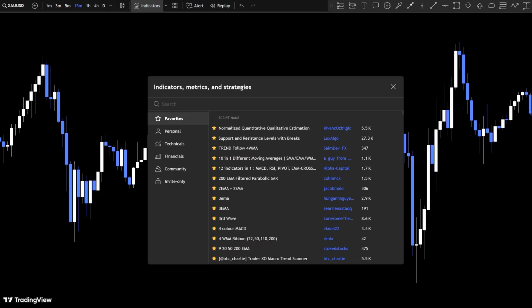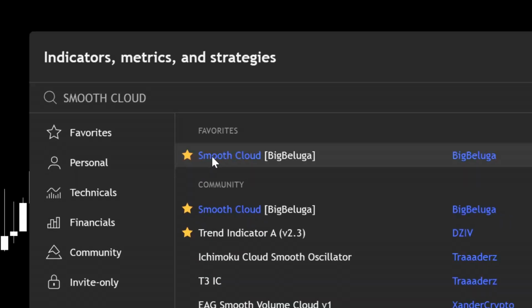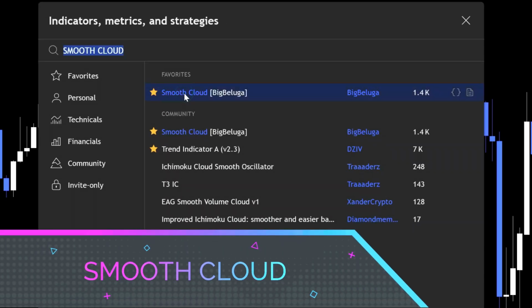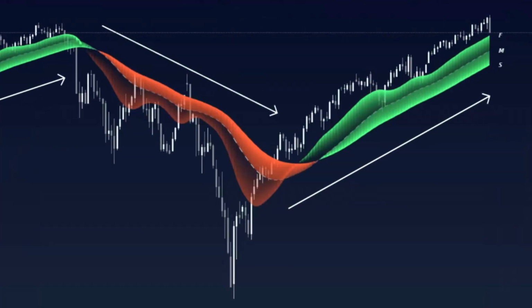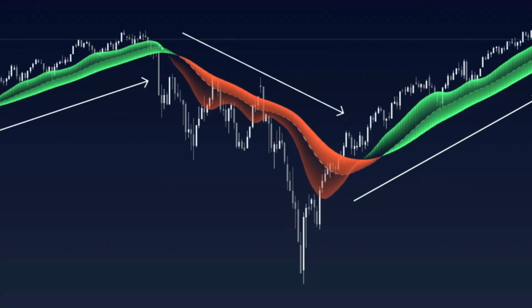Type in smooth cloud and then enter. Then in the results, choose the one by Big Beluga. You'll see the color cloud appear and you'll start to see the trend much more clearly.